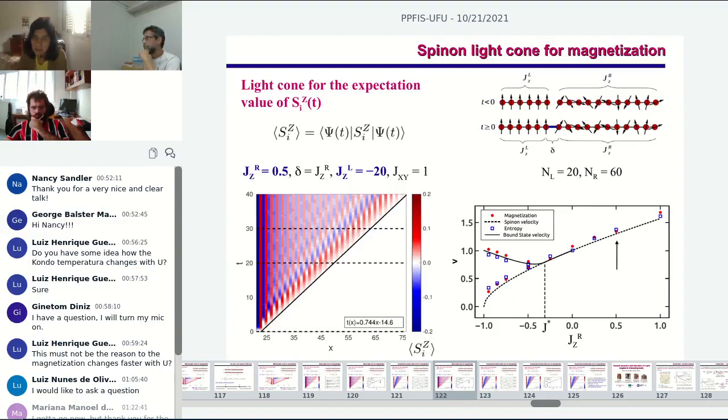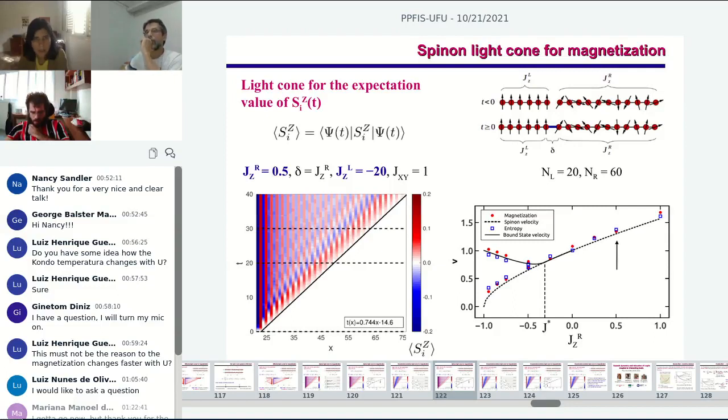I'm trying to find if there's a physical meaning. One thing is that it's not at k equal to 0. It's not an excitation that exists at small energies.